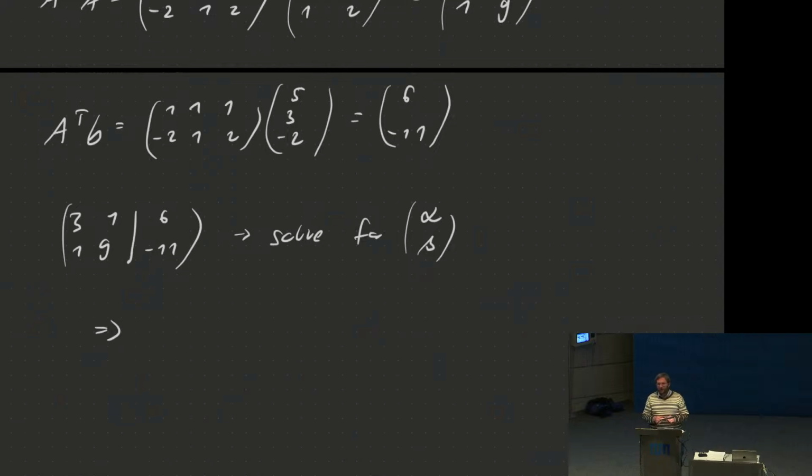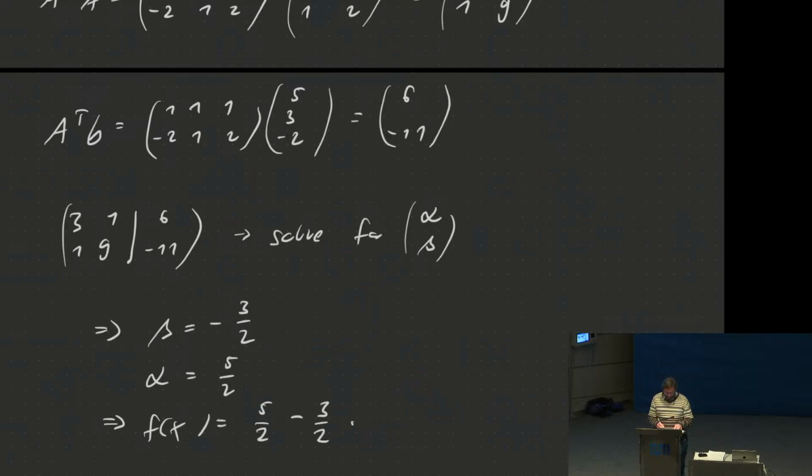I trust you all know how to solve a system of linear equations, so I'm not going to do that. What you get if you do that is beta is minus 3 over 2, alpha is 5 over 2. So the function that you're looking for has the form 5 over 2 minus 3 over 2 x.